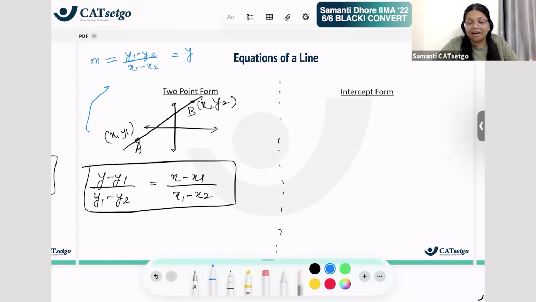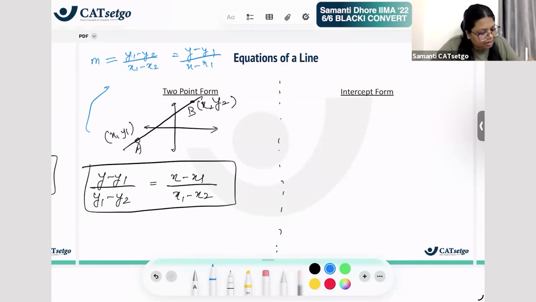It is also equal to some random point y which is lying on it, y minus y1 upon x minus x1. Right? And then you just crisscross it and you get this. So when you know two points on the line, you use this formula.